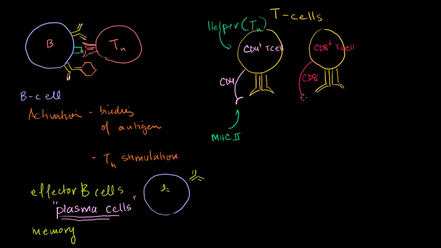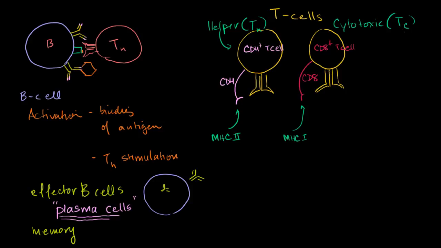Likewise, the CD8 proteins, these are attracted to the MHC1 complex. You can kind of say this is what brings them to the cells that have the cancer, that have expressed antigens on their MHC1 complex. So most of the time, CD8 positive T cells are cytotoxic.